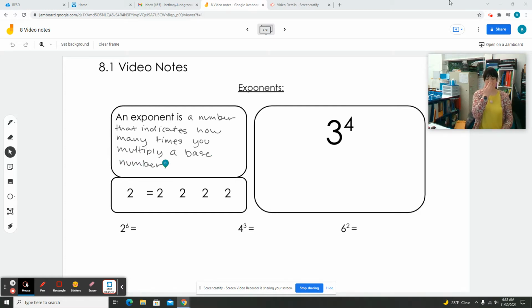Okay, so let's read that again. An exponent is a number that indicates how many times you multiply a base number.